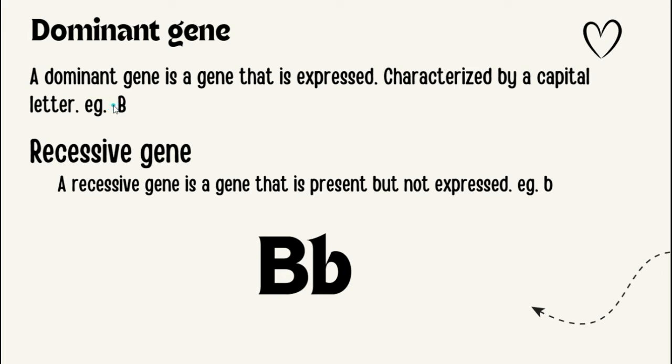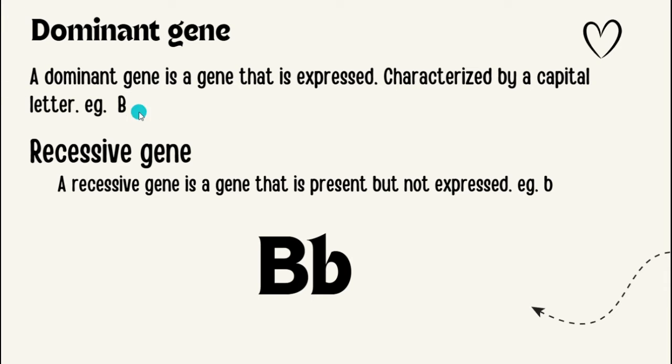Me, I'm going to make it represent black hair, right? But if you get a question, you might see big R for red flowers, little r for white flowers. It depends on the question, it depends on the gene and all that stuff. But in this example, just know that the dominant gene is always the capital letter and the recessive gene is always the smaller, lowercase letter.